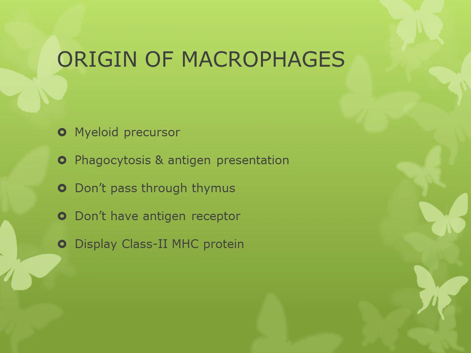Again, they do not pass through the thymus and they do not have the antigen receptor. But one important point is that macrophages display class 2 major histocompatibility complex. Some macrophages also display class 1 MHC like other nucleated cells.